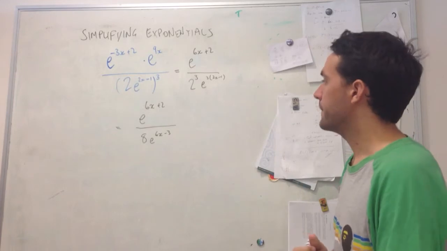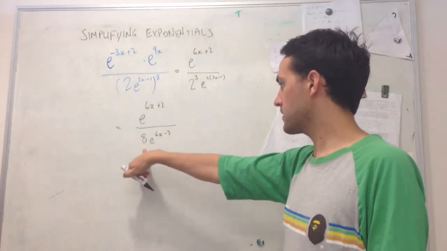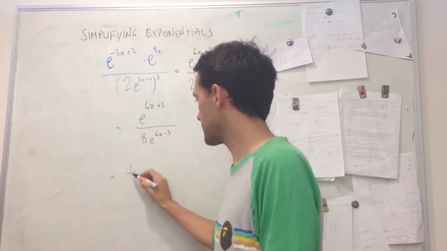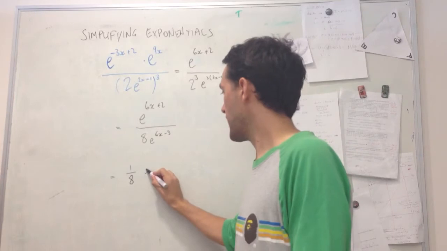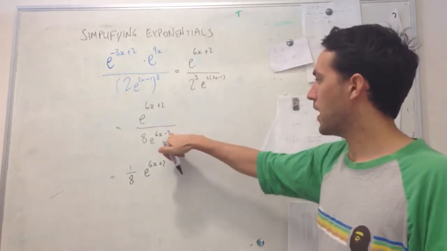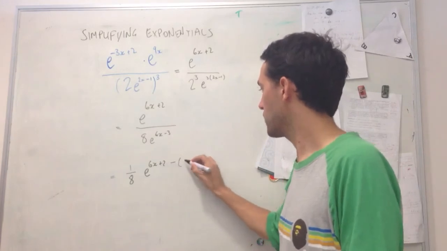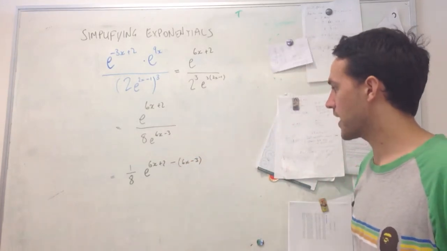Okay, now at this point, the 8 can stay, so that's just going to be an 8th. And then for the e's, it's going to be e to the 6x plus 2, and then minus what's on the bottom here. So remember, the minus has to stay outside the brackets.